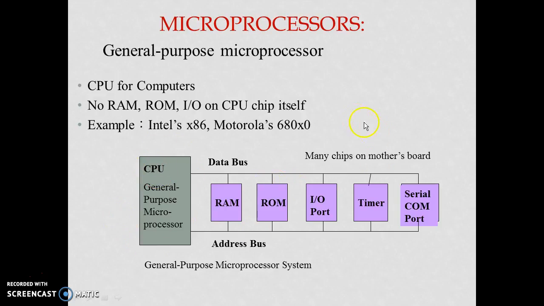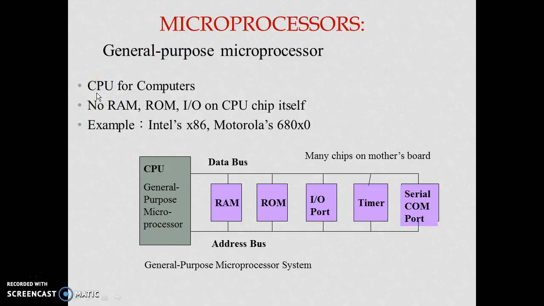But the outside world data is available through the input port. It may be stored in the RAM or ROM, and the data available in the ROM is processed by the central processing unit. Similarly, the data is again available at the output port. Input may be taken from the timer and processed here. Similarly, for communication with the outside world, a serial port is available. So this is a general block diagram of the microprocessor.